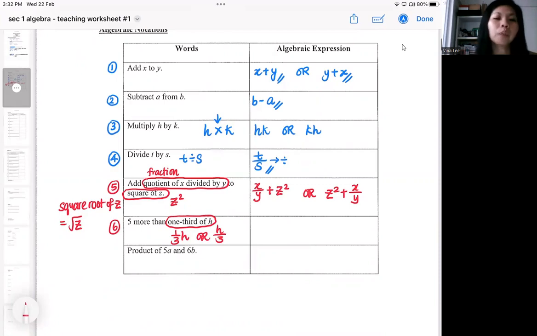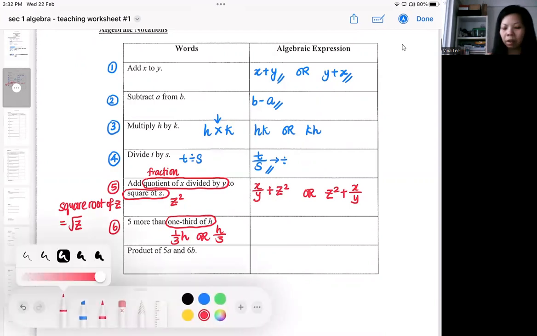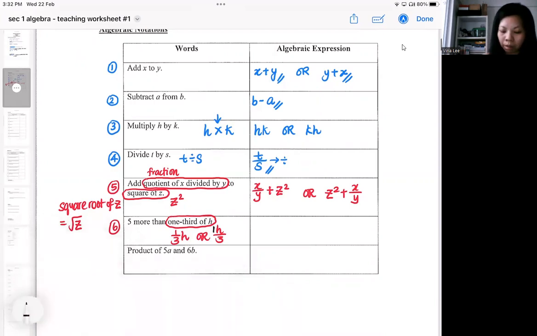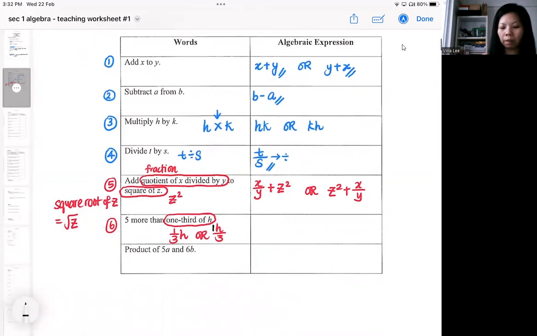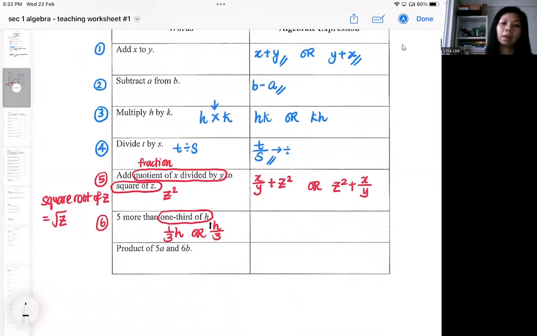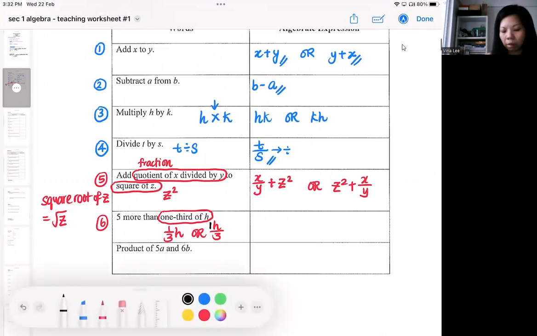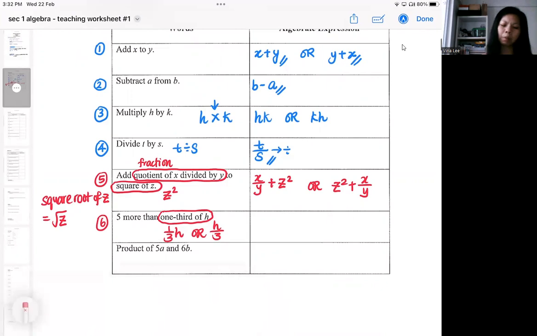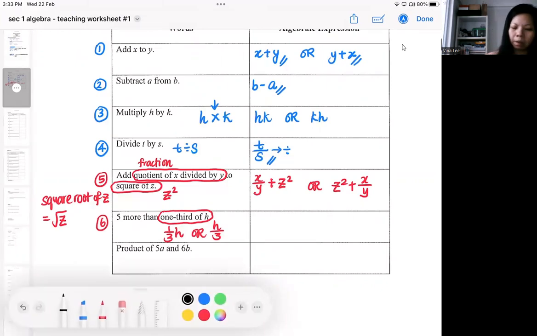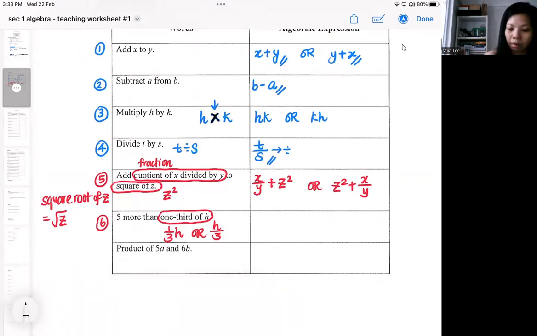When you write h over 3, there's an invisible number there. h represents 1h. So usually we don't write it. You might find it a bit weird. There is invisible multiplication. There are also invisible numbers standing beside algebra. Okay, later on you'll explore a little bit more.